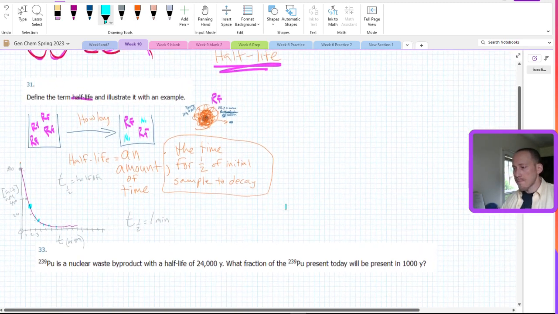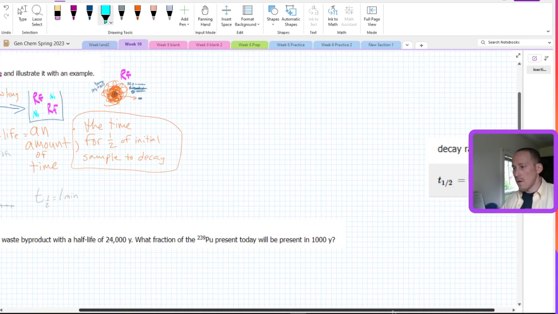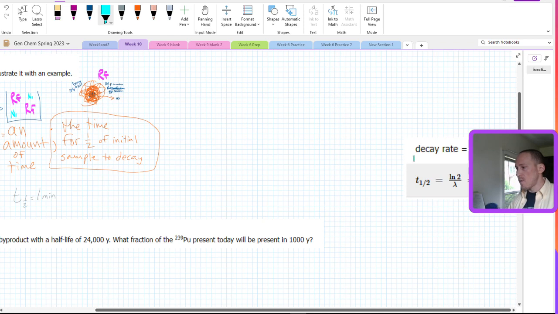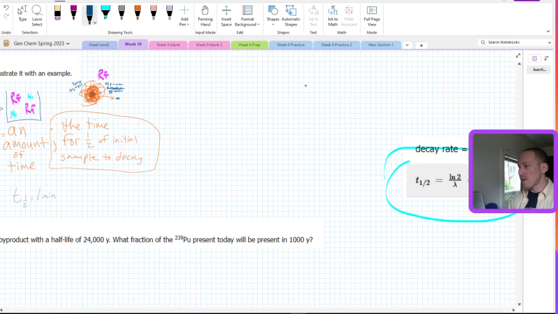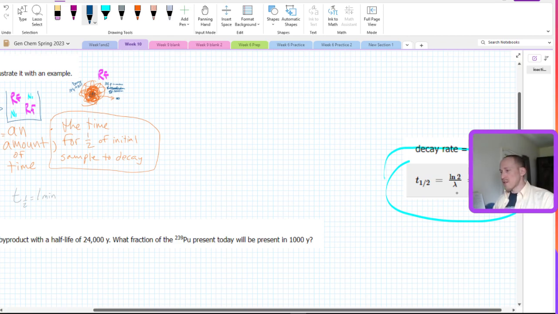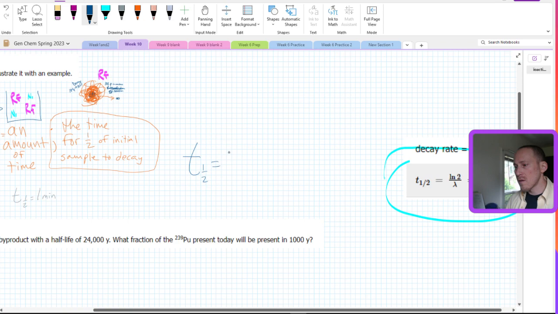And one thing that's helpful about it is this situation right here. So the half-life, if you think about it, actually, I'm not going to try to derive this because I did not prepare to do that, and it would take too long. I just want to point this out. The half-life is the natural log of 2, which has to do with that exponential thing, over the rate of decay.